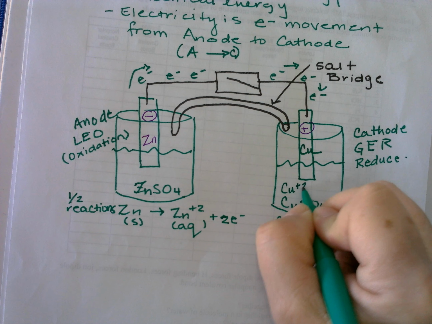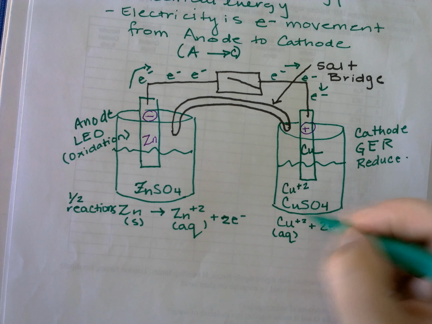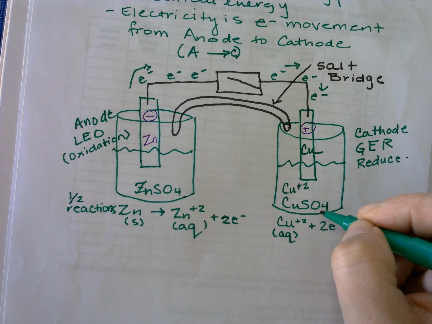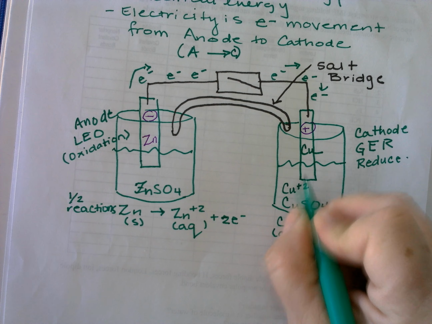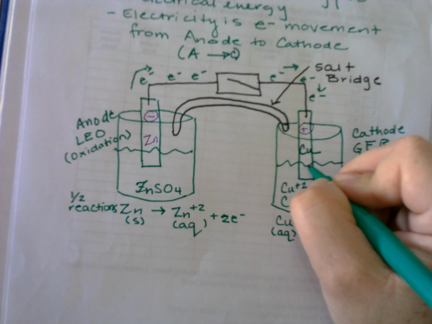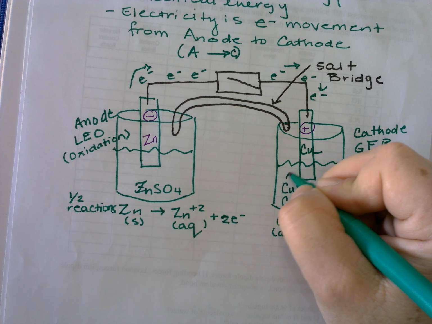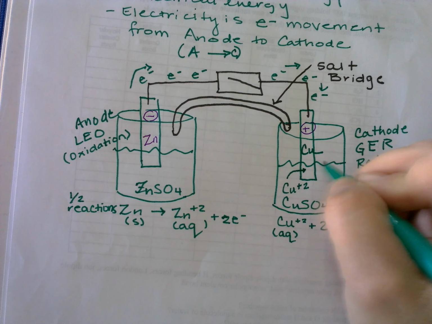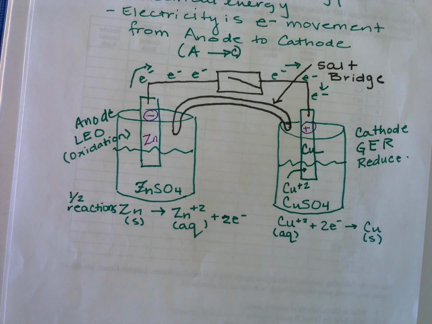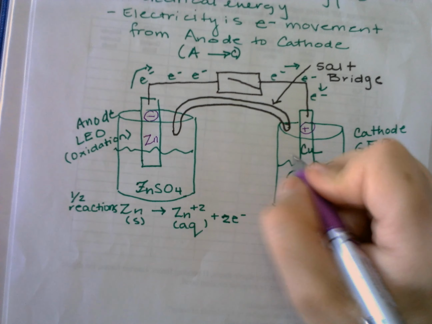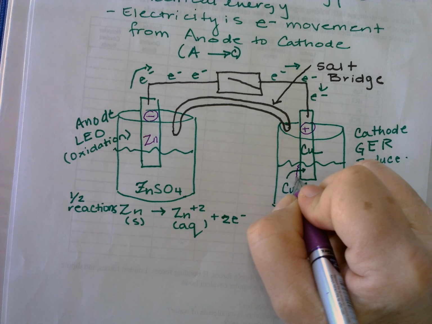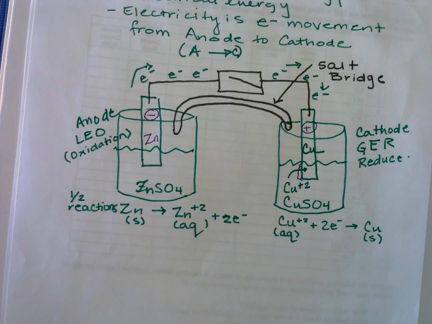Remember how we put this into water and it separates into ions? The copper 2+ is attracted to the electrons that are coming into this electrode. So it gains those 2 electrons, and the copper is deposited onto that electrode. So that electrode ultimately gains mass.